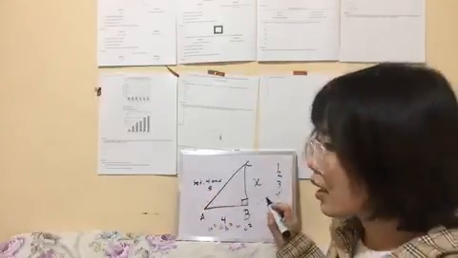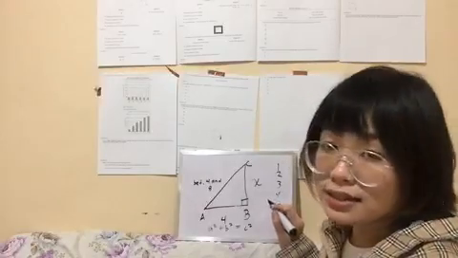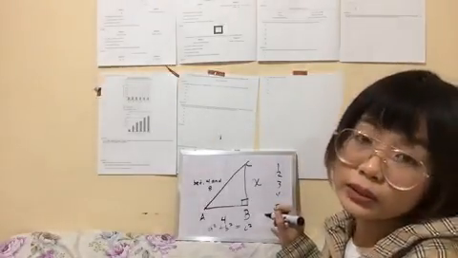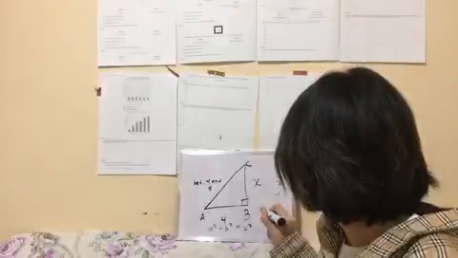So let's try. 4 squared is 16. 16 plus 1 squared is 17.